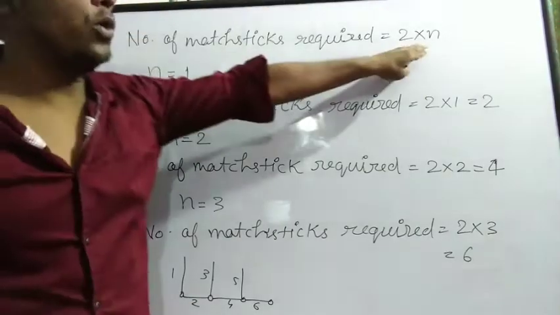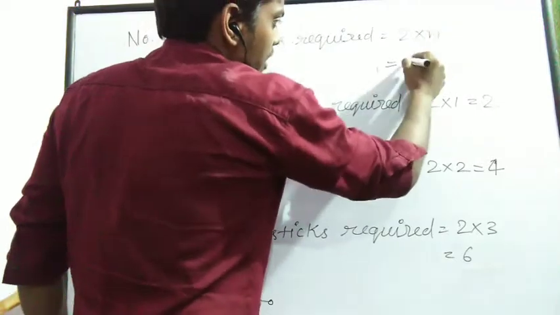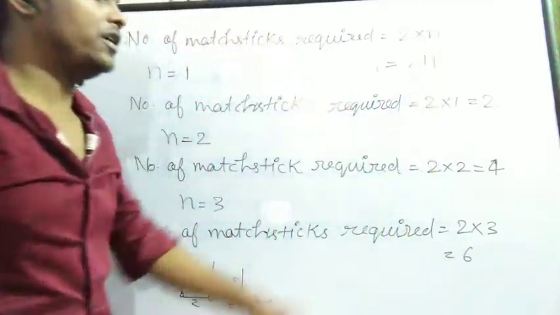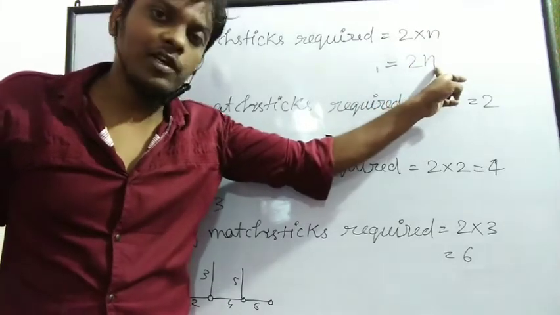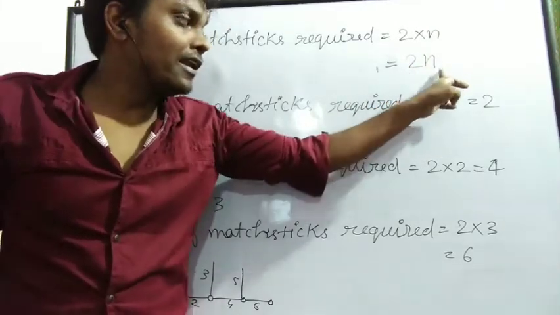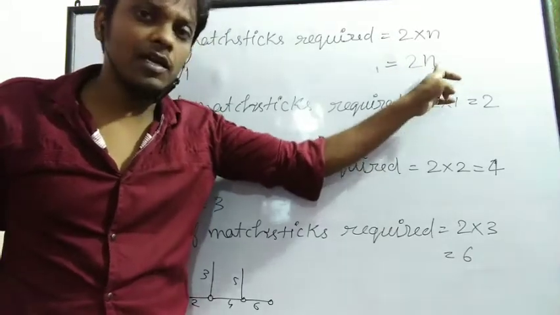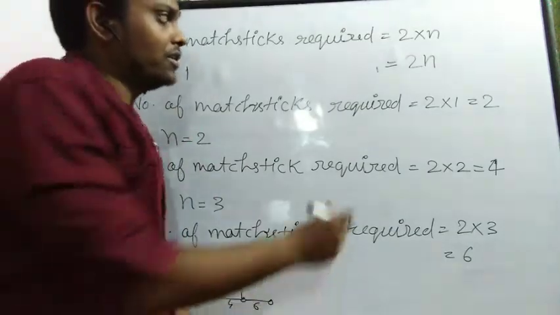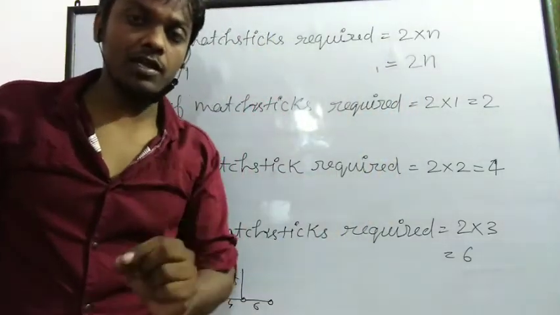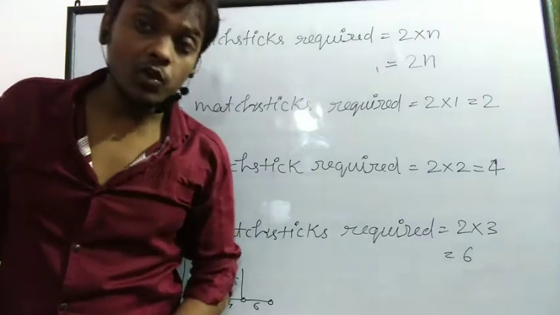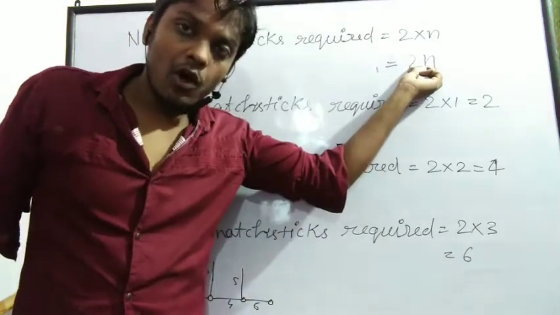So this is your formula, 2n. We can represent this 2 into n as 2n. When there is no sign between a numeral and an alphabet, then we just assume that there is a multiplication sign. One most important thing you have to notice is that this is a relation of multiplication.